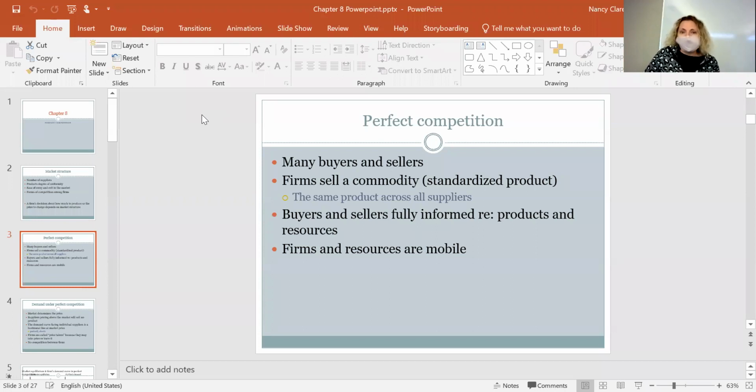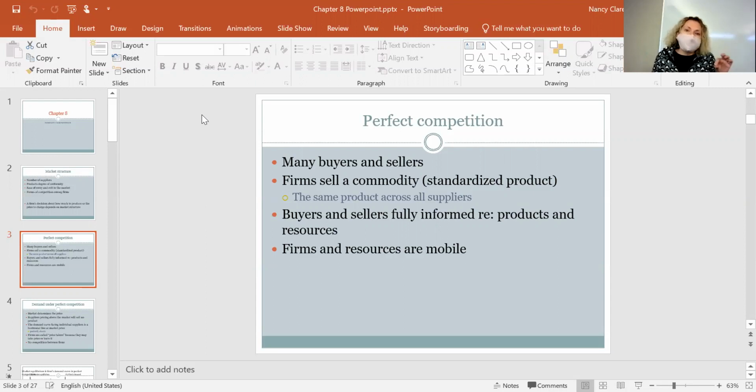It's so many that producers, sellers get sort of lost in the crowd. The decisions made by one single seller in terms of price or quantity supplied or any of that is so diluted that it doesn't matter. The decision by one seller doesn't matter because they are just a tiny little sliver in the pool of producers or sellers in the market.